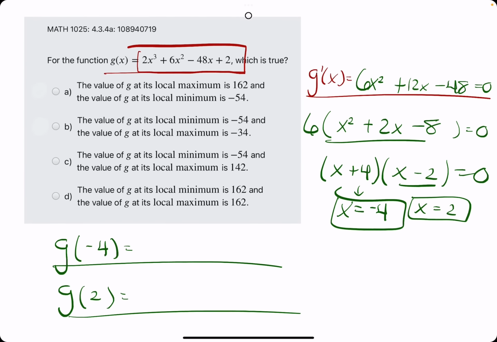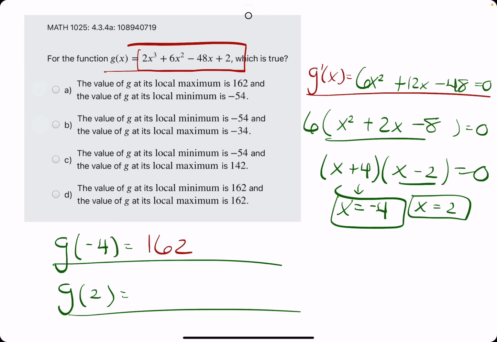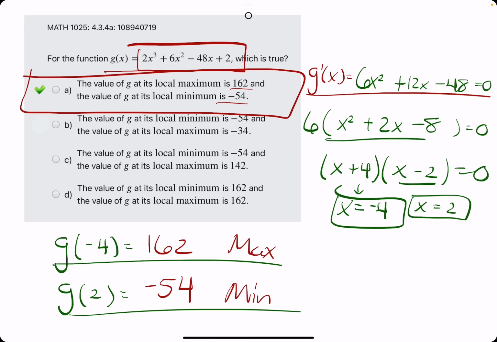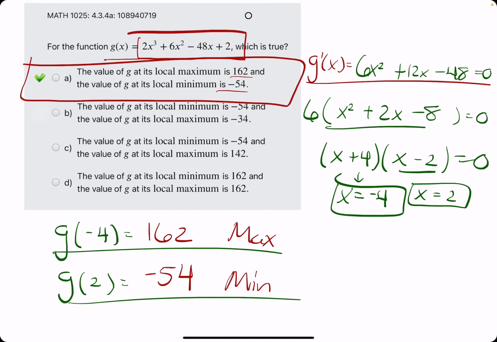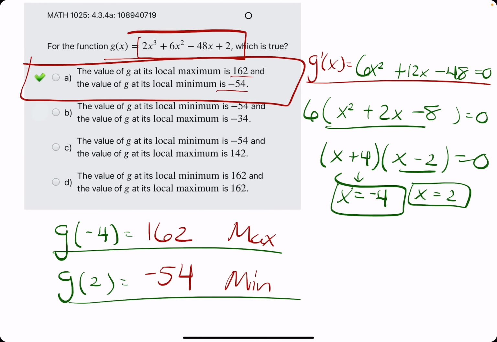So we had 162 and negative 54. The higher value becomes our max and the lower is our min. We find the answer that has both values, and when we break out the eraser, we see that A is that answer.